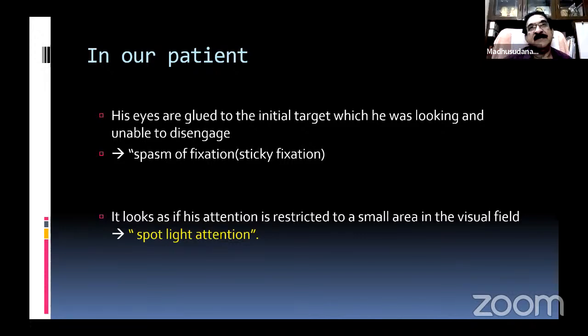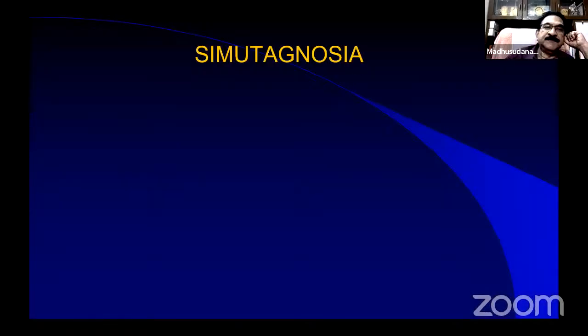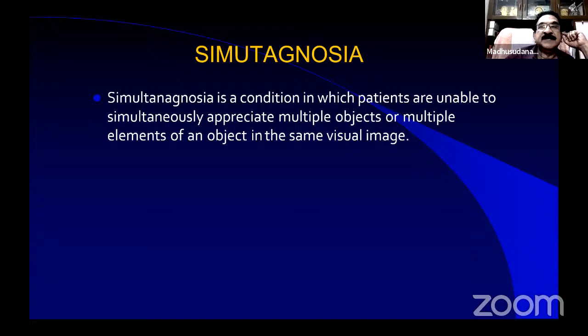So it's a focal form, one type of simultanagnosia, the dorsal type. Again, I will tell you later what it is. In spotlight attention or sticky fixation, the patient is unable to shift gaze from a particular point because he is neglecting the other side, due to the attentional problem. So it's a form of simultanagnosia.